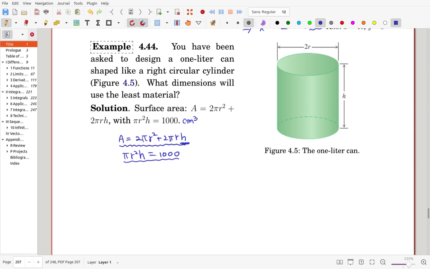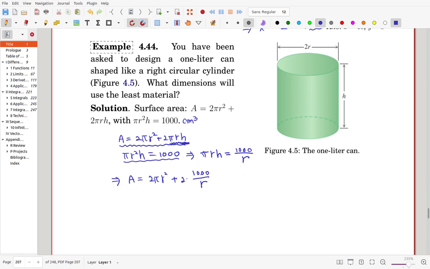Anyway, what we need is pi r h. From this, pi r h is the same as 1,000 over r. Right? So A can be written as 2 pi r squared plus twice pi r h, that is the same as 1,000 over r.